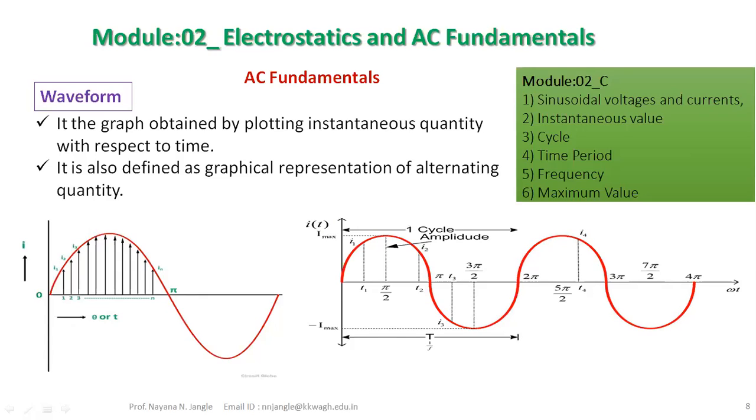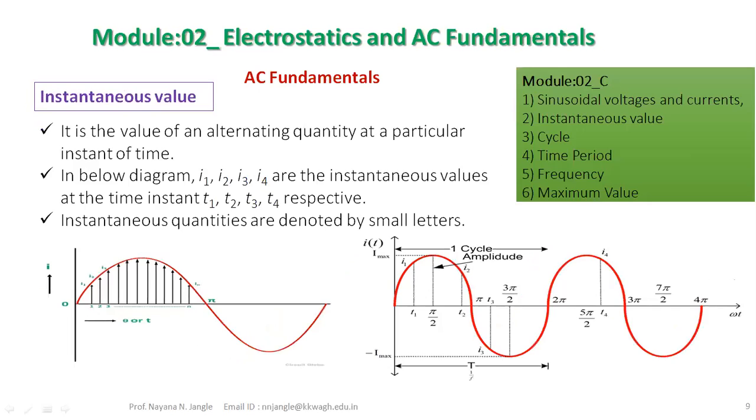So one cycle is 360 degree, half cycle is 180 degree, and quarter cycle is 90 degree. These are important terms because you have to know definitions related to AC fundamentals. So this is about the waveform: a pictorial or graphical representation of an alternating quantity.